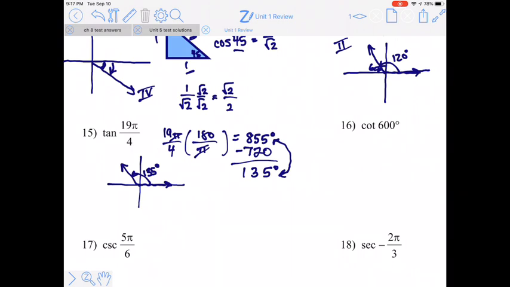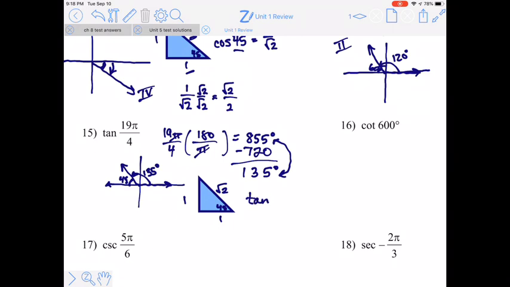Now we need to consider the reference angle. The reference angle would be this angle drawn to the x-axis, and that's a 45 degree angle. So we need to consider the 45, 45, 90 triangle, which has side lengths of 1, 1, square root of 2.